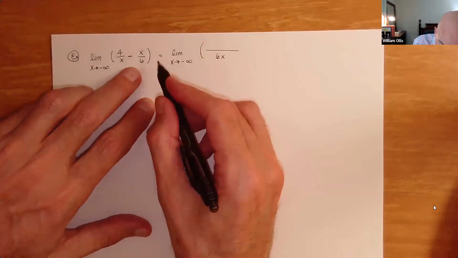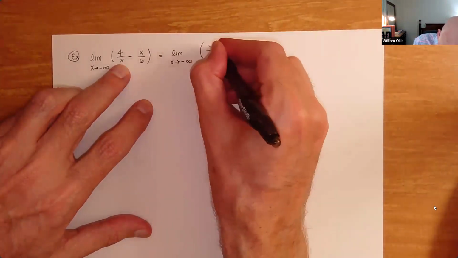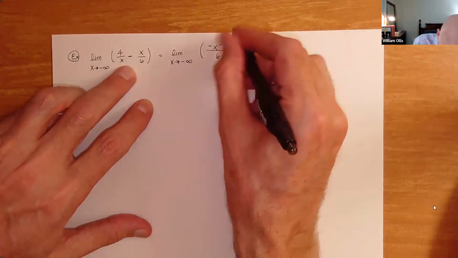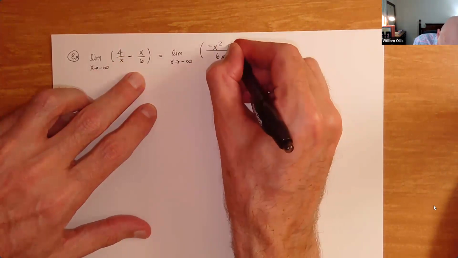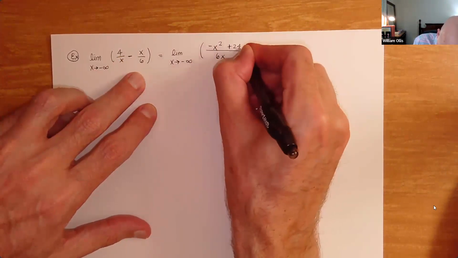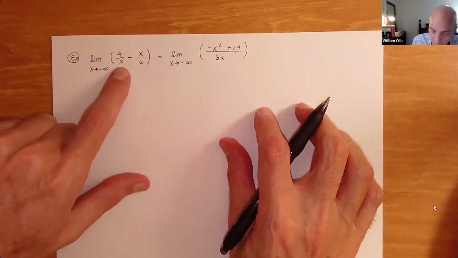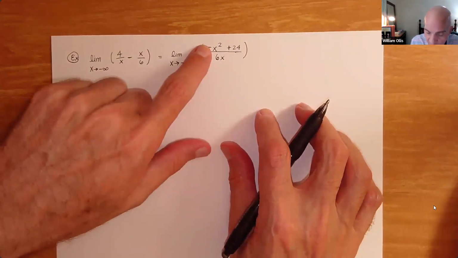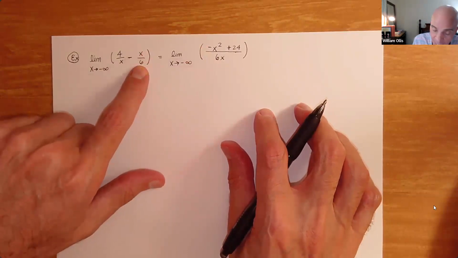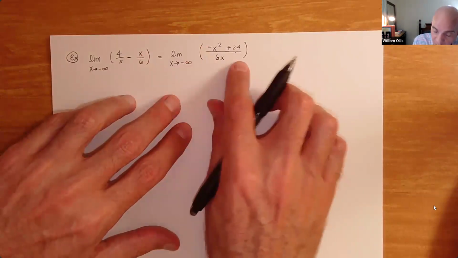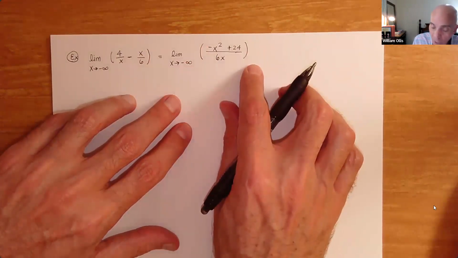And then now, of course, this will give us what we need, have a negative x squared, and then plus 24. So now 24 over 6x will give us the 4 over x. And of course, the negative x squared over 6x will give us the negative x over 6.